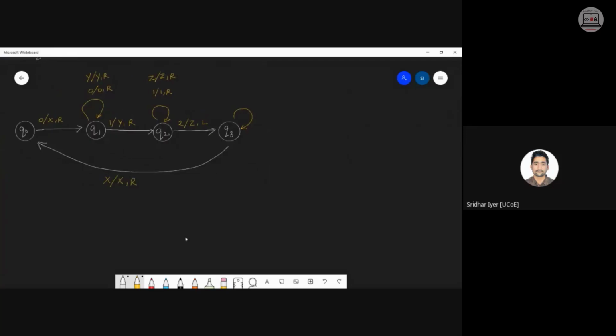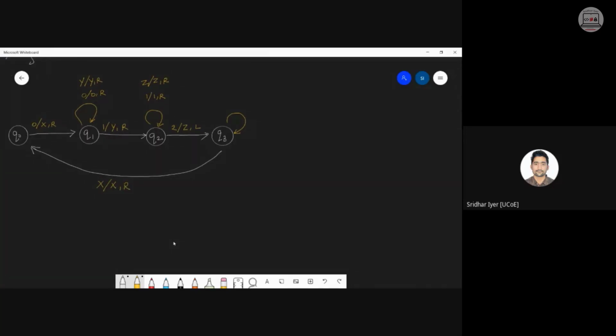So what I need to do is I will bypass everything that I encounter in between. If there is a Z, bypass the Z with left. Keep moving to the left. A 1 can also come on the way. Bypass the 1. The only thing which you won't encounter is an X. For X, we already have the next state, right?